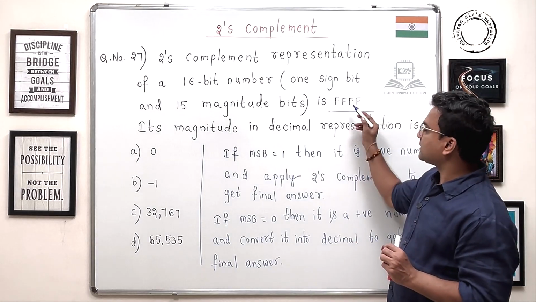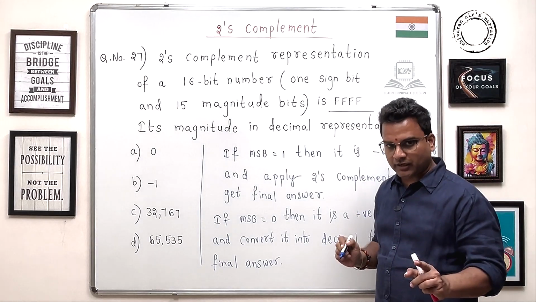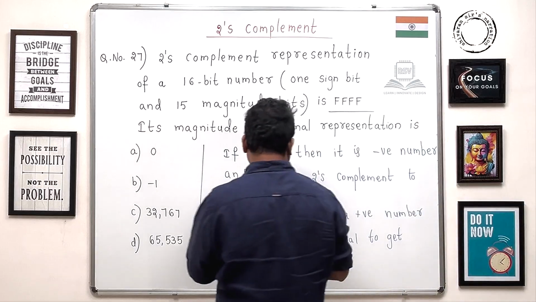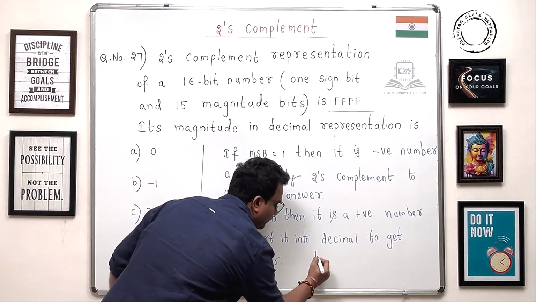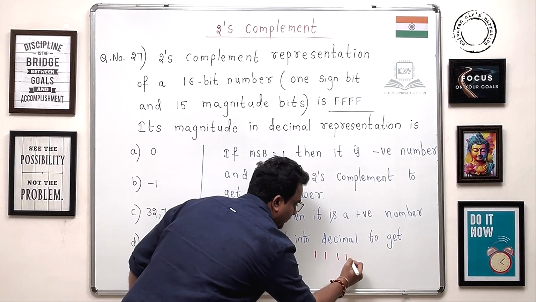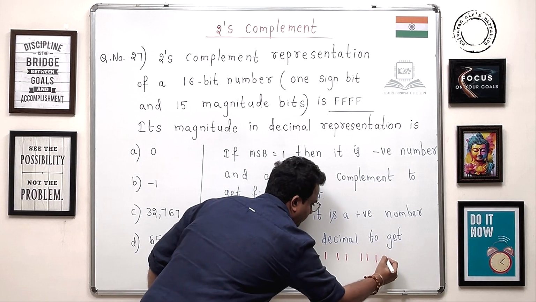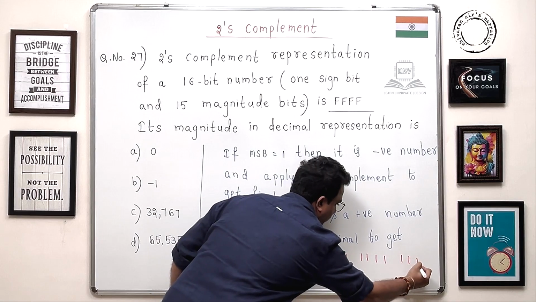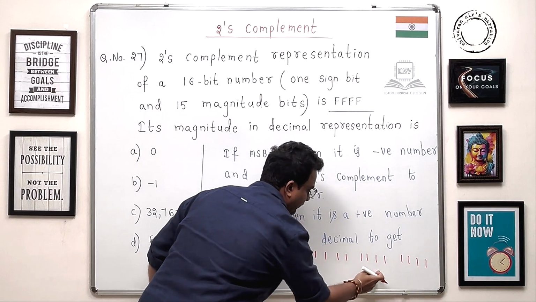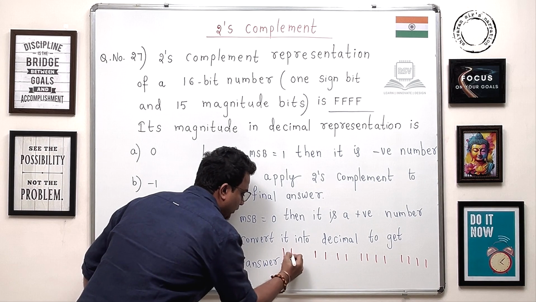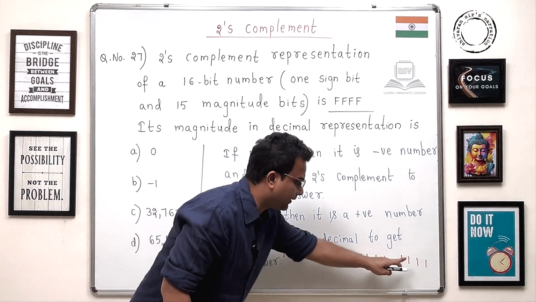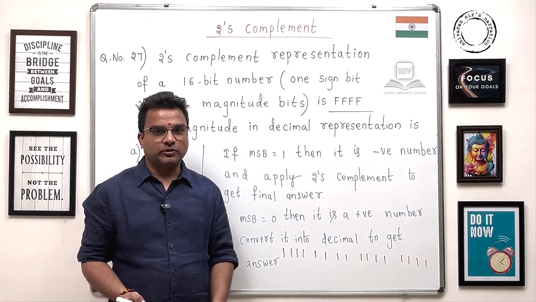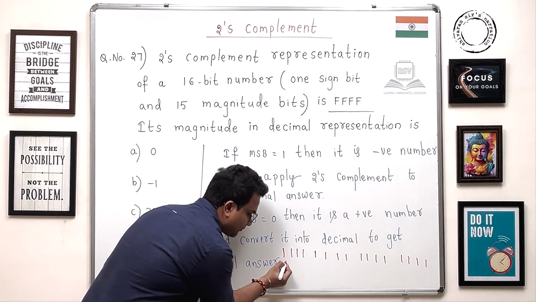Now guys, it is FF only. Let me write this. That is 1 1 1 1 1 1 1 1, F of course, one more F. Now what to do? Check the MSB.